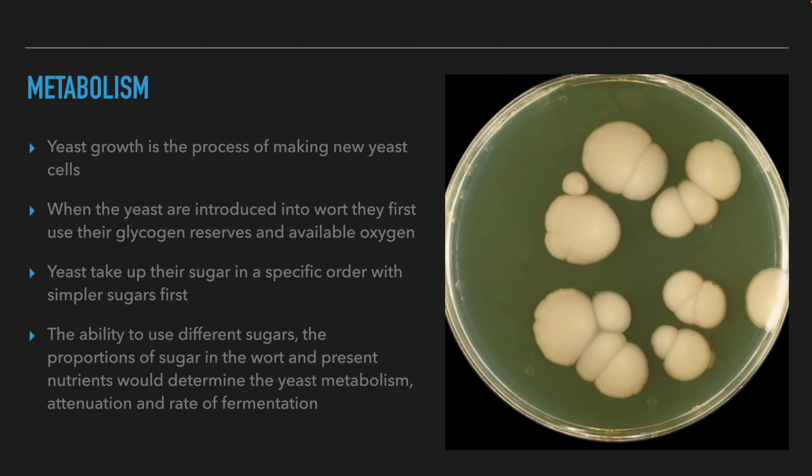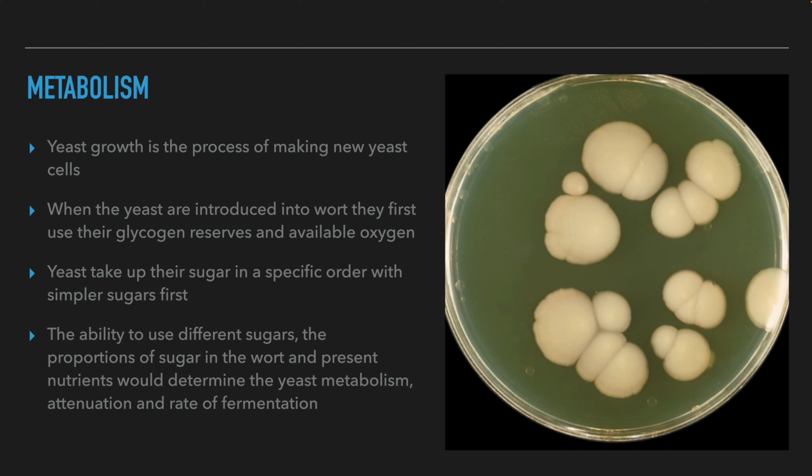It eats and grows. When we talk about growth of yeast, we do not mean that a specific cell becomes larger, but about the creation of new cells. When we pitch yeast into the wort, the first thing that they will do is to use their glycogen reserves and the oxygen that is around.